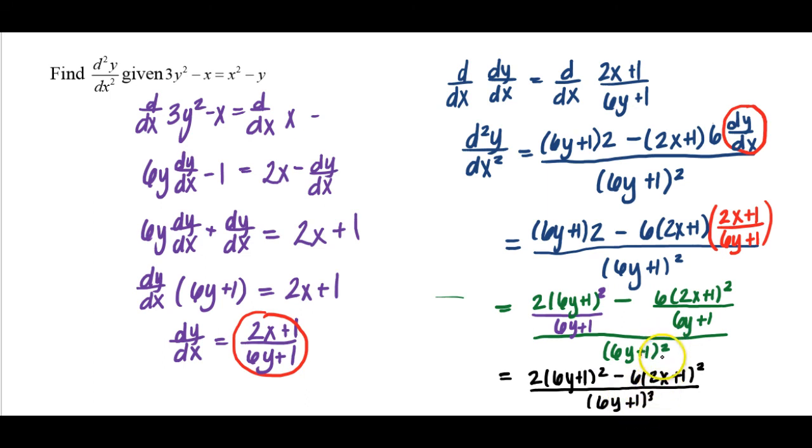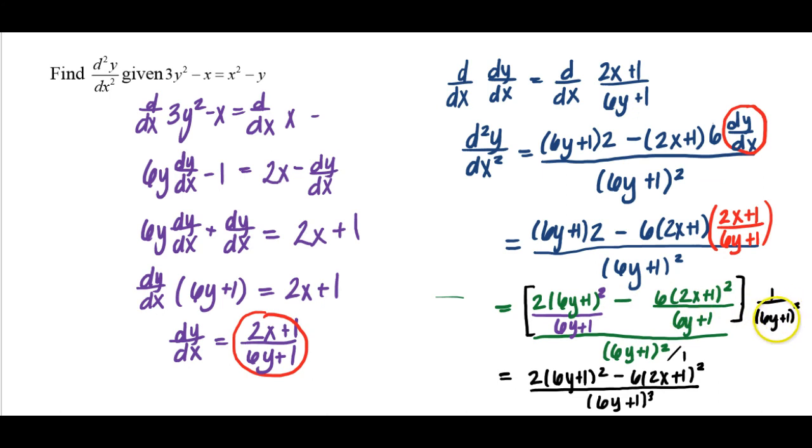So if we go back and think about it in terms of numbers, it's like multiplying by the reciprocal, in other words. So this 6y plus 1 squared is like over 1. So what I did was I came up here and I multiplied by 1 over 6y plus 1 squared. And then this whole thing came together to be one fraction, and there was one copy of 6y plus 1 on the bottom of this one fraction that came together.